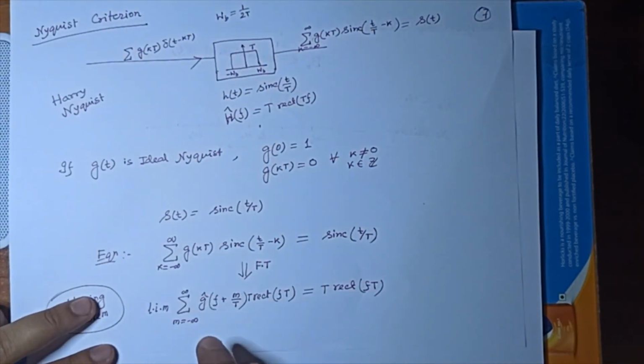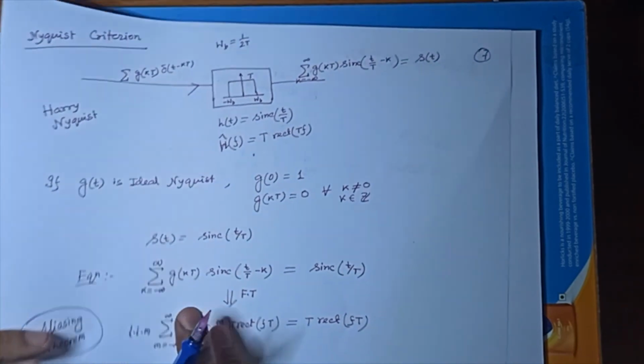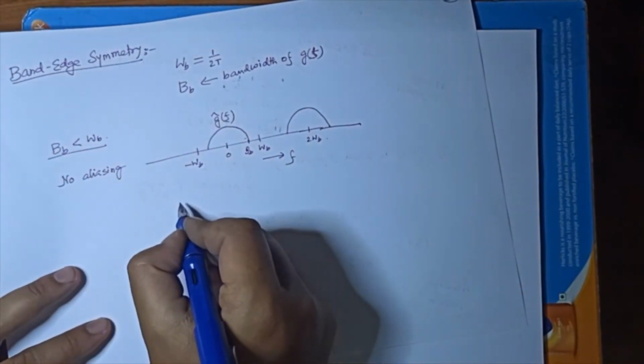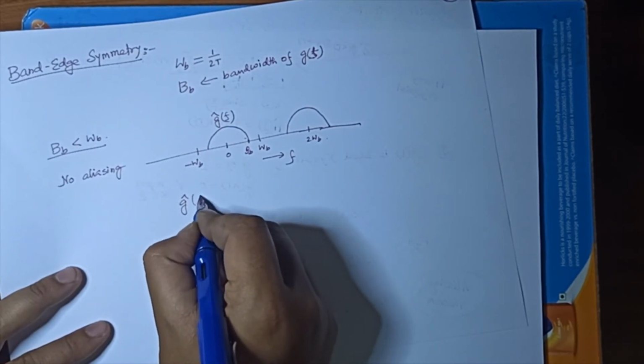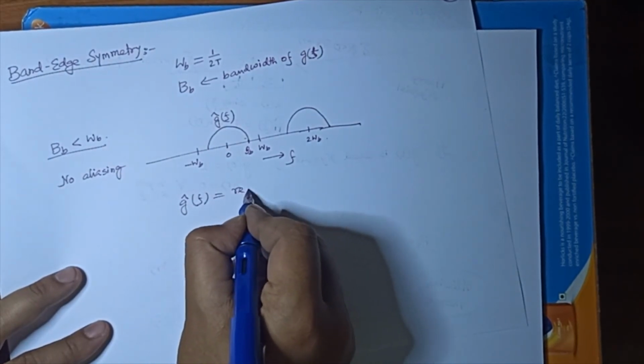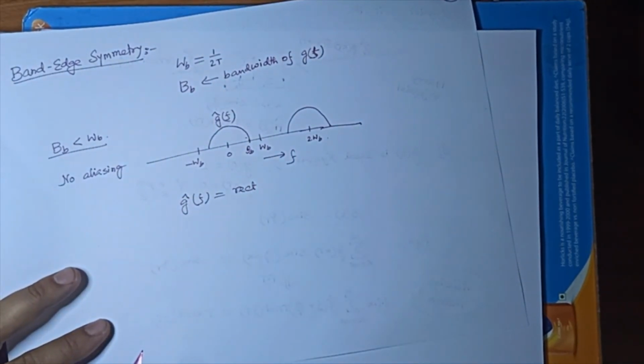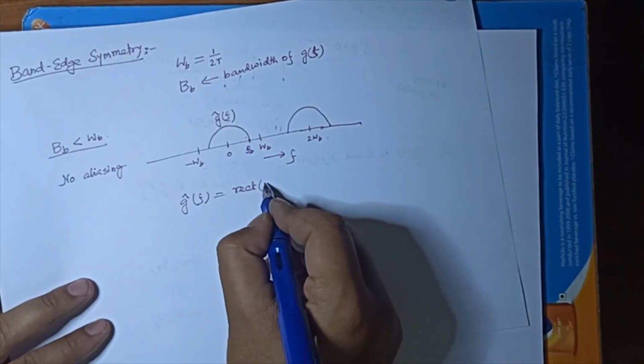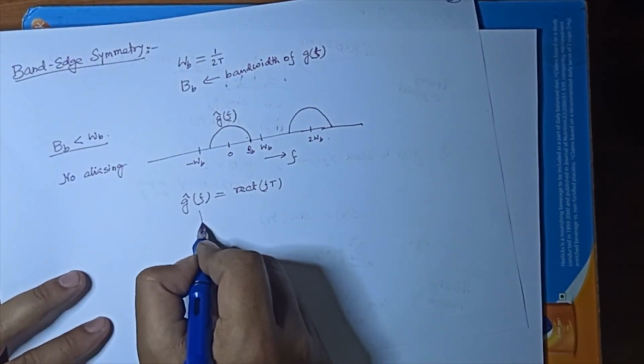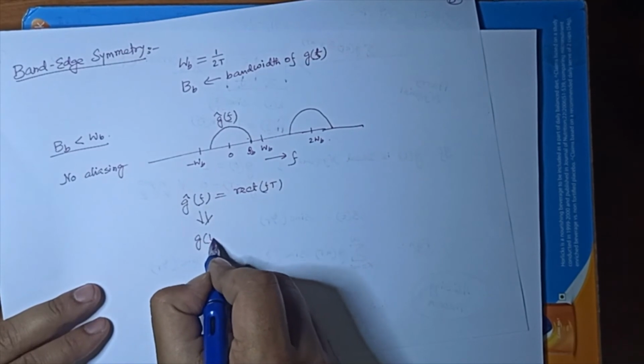So from here you will get only G hat F, rectangular is equal to 1. So you will get G hat F times the rectangle, and what is that? That will give you g(t) is equal to sinc.